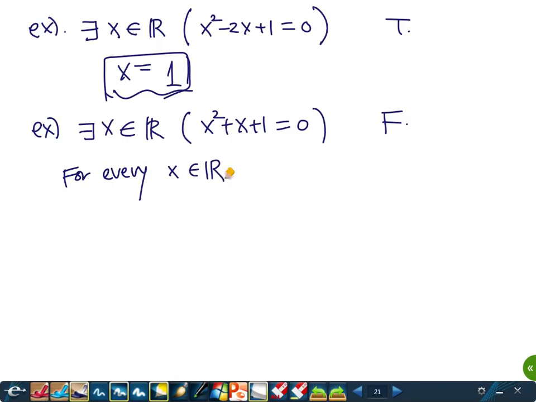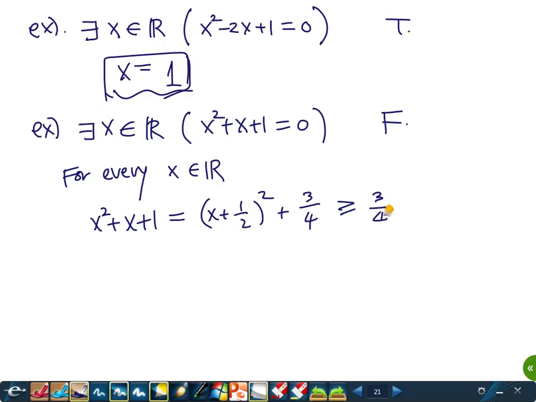For every real number x, you can rewrite this as x plus 1 over 2 squared plus 3 over 4. They are the same. But the square is always non-negative, so the whole thing is always greater than or equal to 3 over 4, which is obviously greater than 0, so it cannot be equal to 0. So it's a proof that this is false.